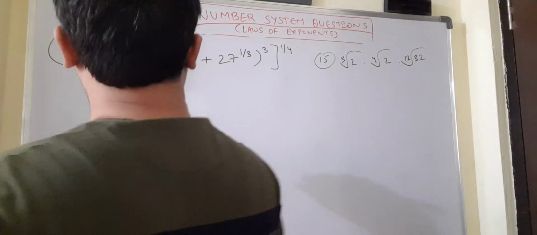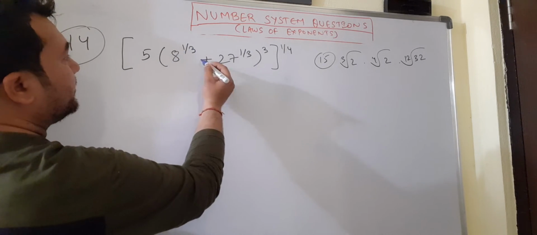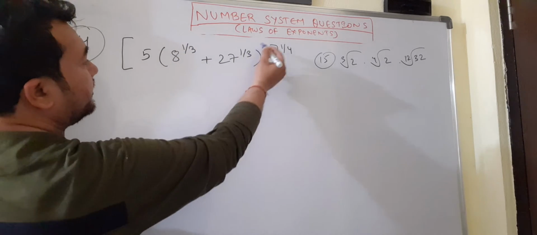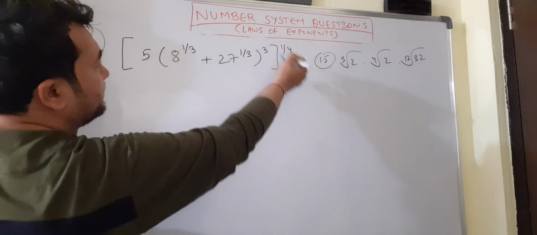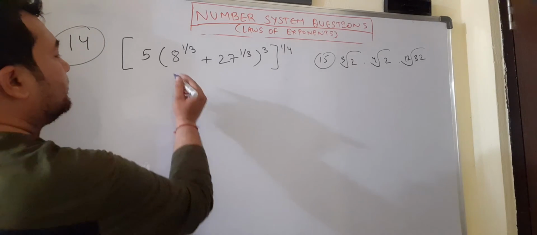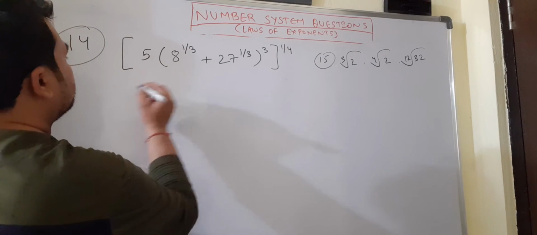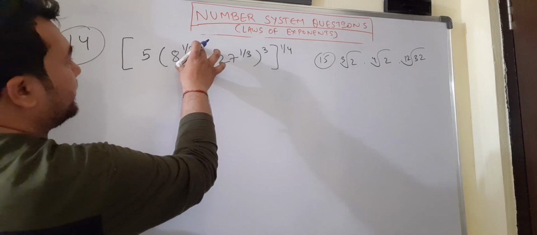Question number 14 says 5 into bracket. We are taking 8 to the power 1 by 3 plus 27 to the power 1 by 3, over the bracket and all these inside the square bracket with exponent 1 by 4. So we can solve this. This is a number, there is no x or y.